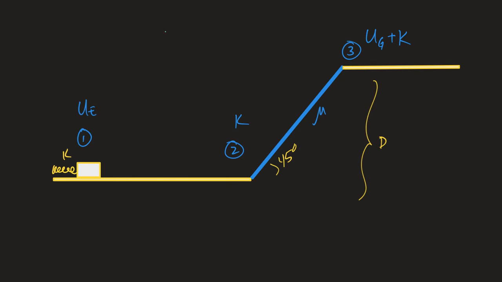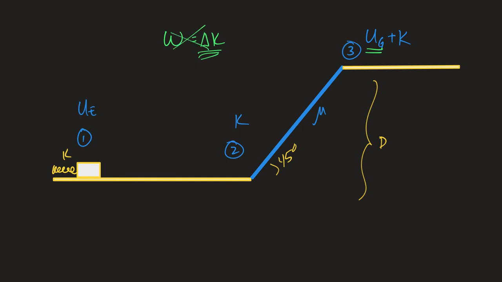That makes the work energy theorem kind of hard to deal with, because the work energy theorem might have taken away some kinetic energy, but some of the energy was also converted into gravitational potential energy.